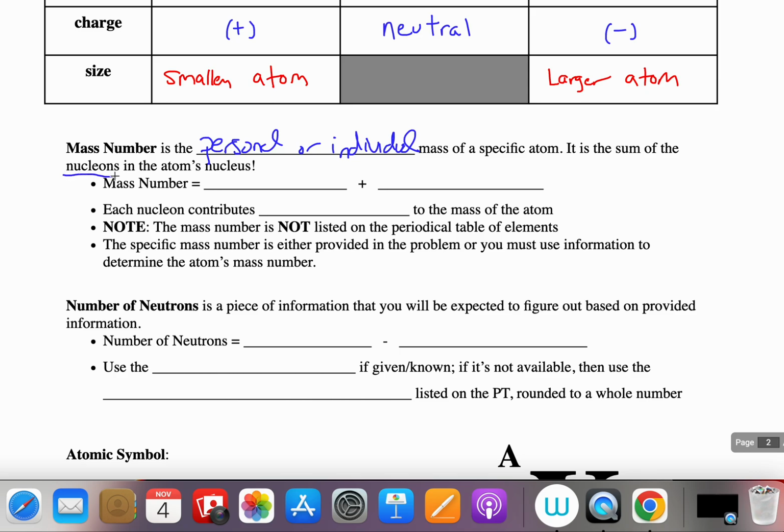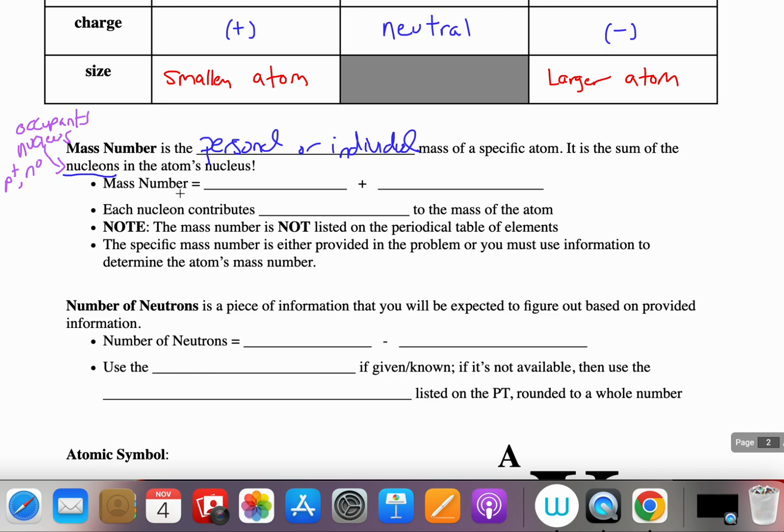This term nucleon pops up every once in a while. Nucleons refer to whatever is in the nucleus, so these would be the occupants of the nucleus. The occupants, or the nucleons, in an atom are the protons and neutrons.